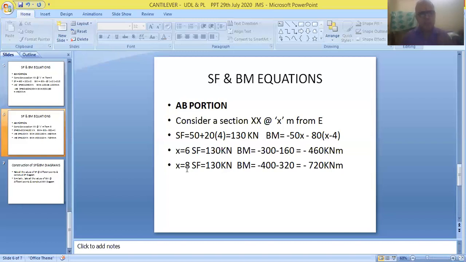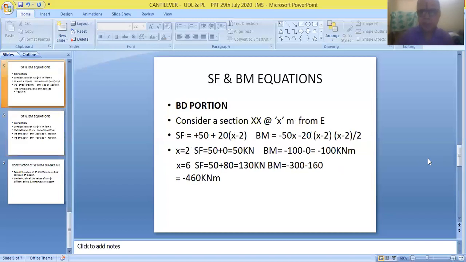So substitute the value of x in these equations. SF will be given as 130 and bending moment will be coming to minus 460. And take the value of x as 8 meters. Again, shear force will be coming to plus 130 and the bending moment will be coming to minus 720.